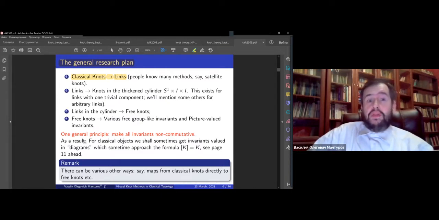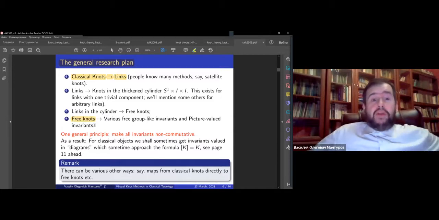We can go this way, or possibly you can find a detour how to get to free knots some other way. And the result I'm going to present today will be when we get free knot invariants valued in free groups. And this will be similar to picture valued invariants.